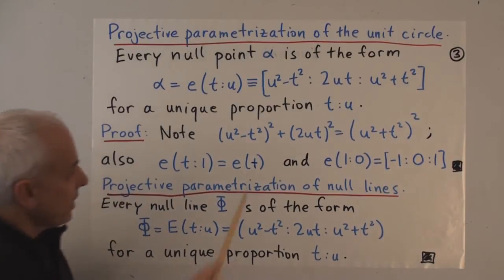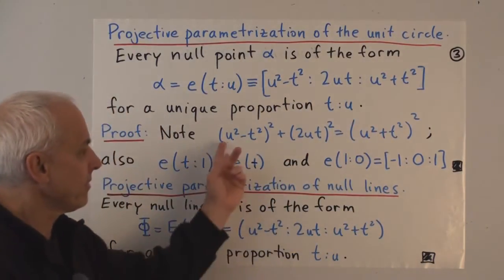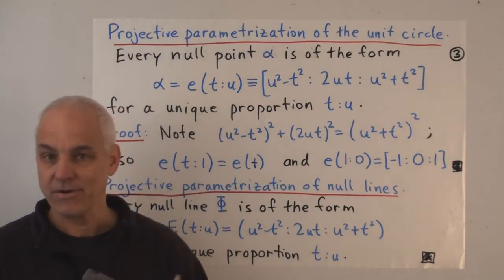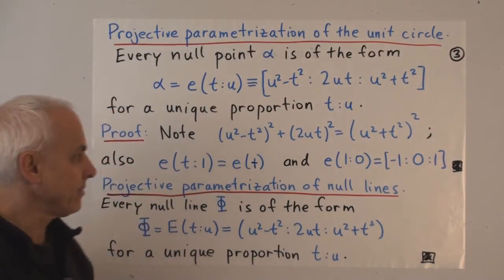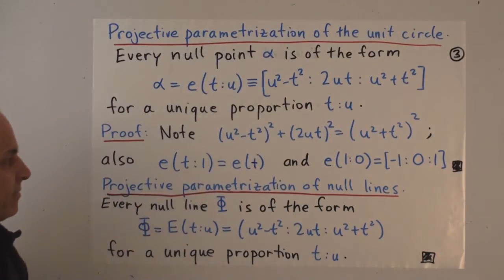First, let's observe that this squared plus this squared really is this squared. That identity is the basic identity underlying Pythagorean triples, going back to Euclid in the ancient Greeks. So this is definitely a null point.